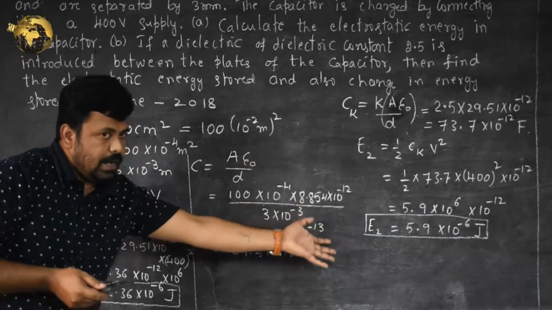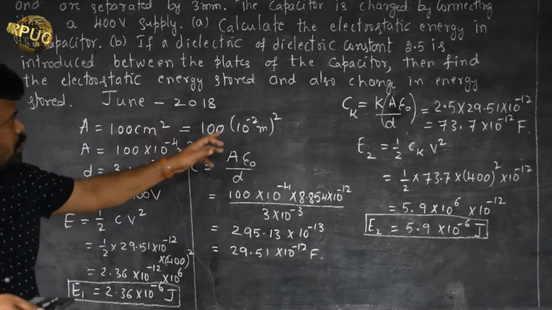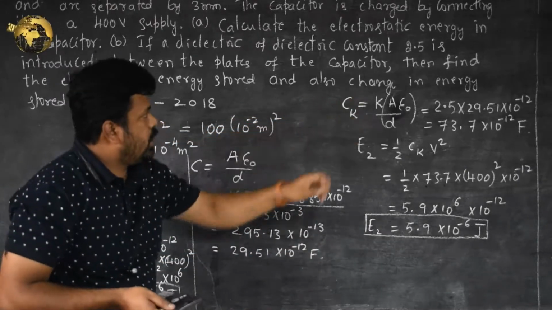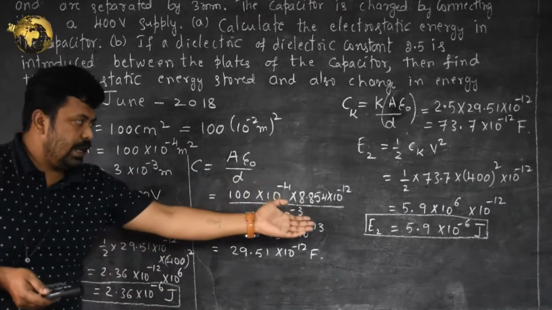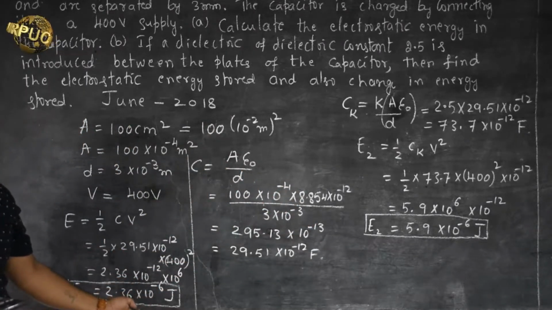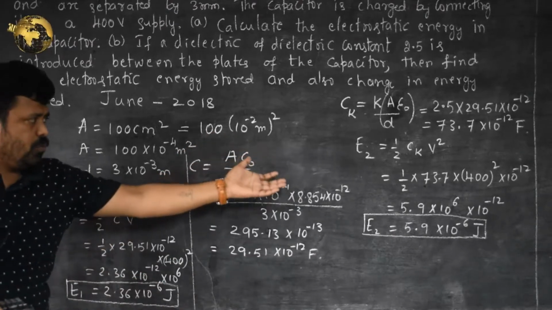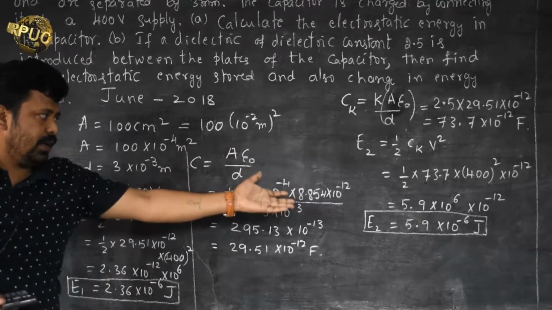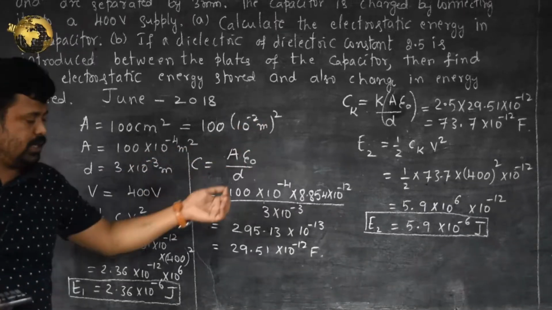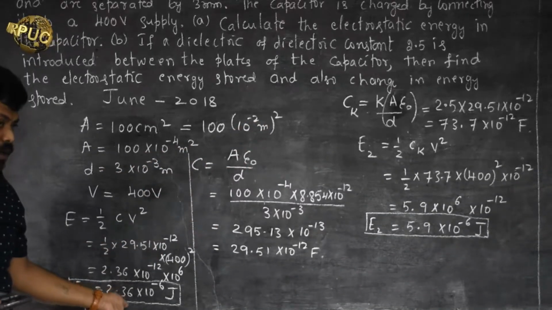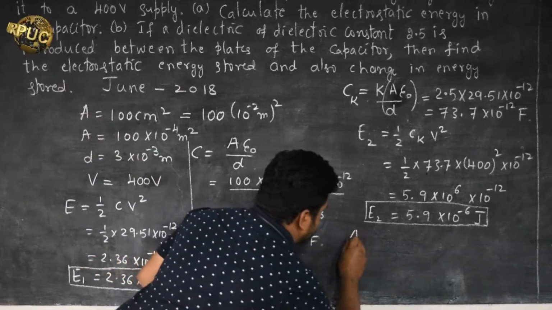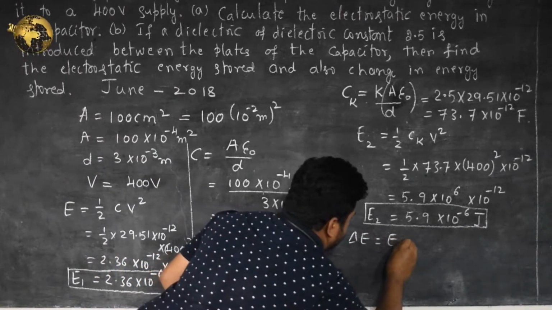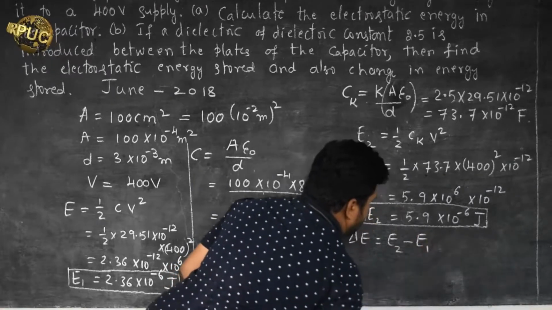The problem does not end here. They also ask to calculate the change in energy stored. So the final energy minus the initial energy: when we introduce the dielectric, the energy increases. So the change in energy, delta E, is E2 minus E1.